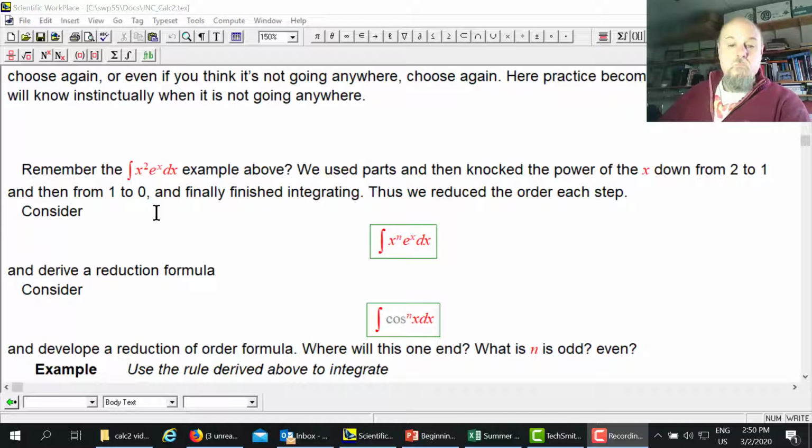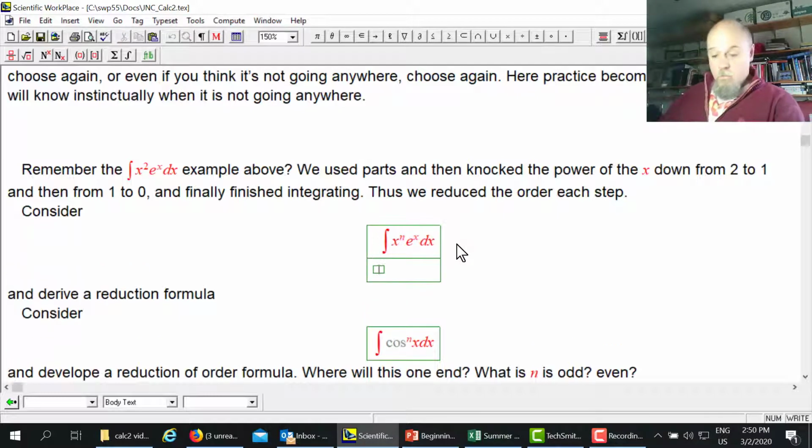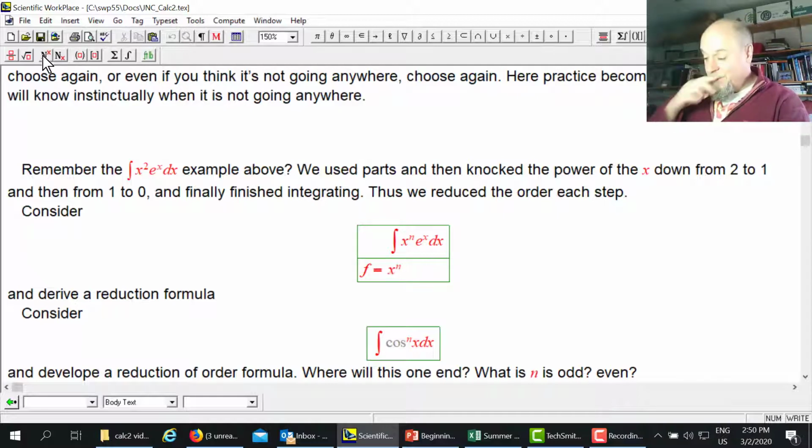So I'm going to think of this x to the power of n e to the x, and I'm going to do integration by parts on this where n is an integer, a positive integer. So I need a piece to differentiate, and the piece that I'm going to differentiate is that x to the n. That's what we did last time, but the n was 2.